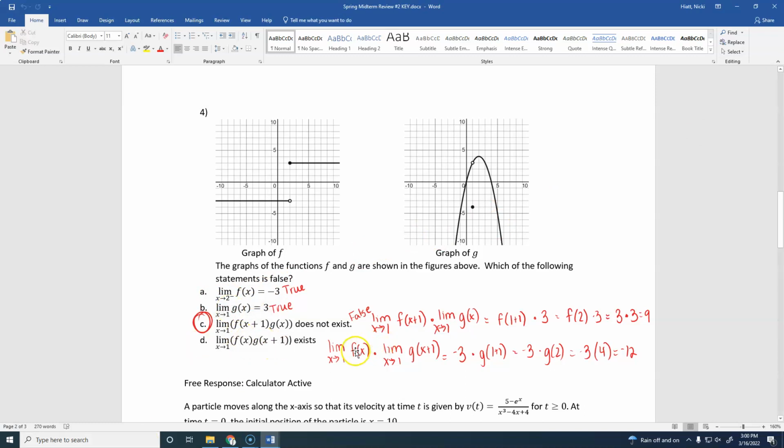Whenever you do these two limits separately, you're definitely going to get values for those, right? Because the limit as x approaches 1 of f is clearly negative 3 because it's defined there. And then g of 2 is also clearly defined. So that one we know exists.